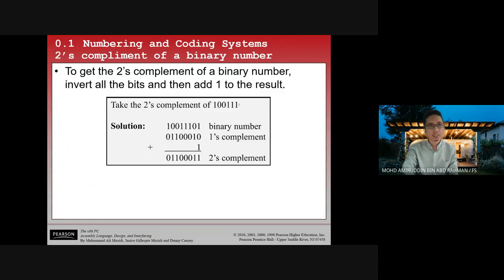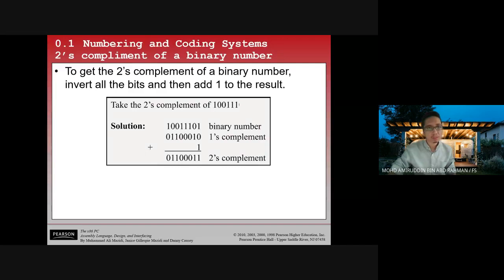Okay, so to get the 2's complement of a binary number, first we need to invert all the bits and then add 1 to the result. Okay, for example here, we take the 2's complement of 1 0 0 1 1 1.